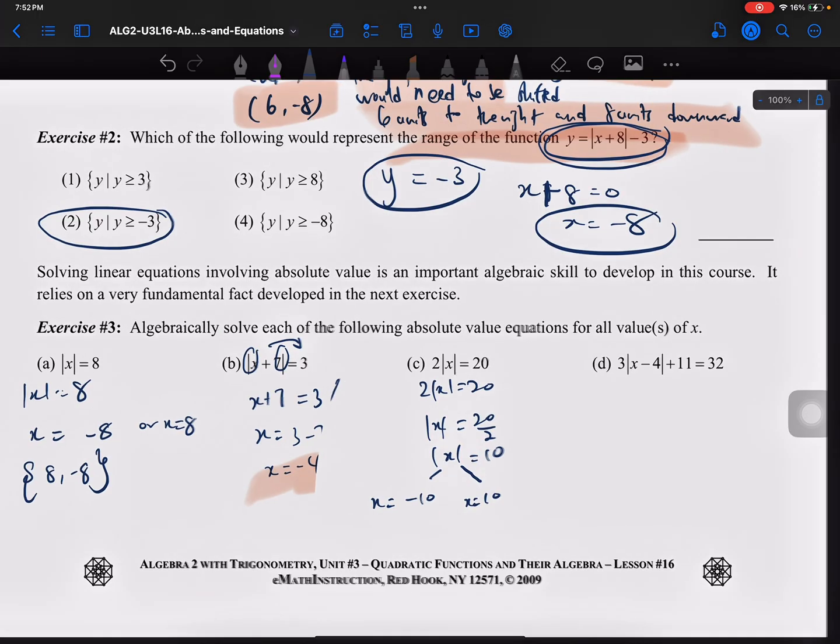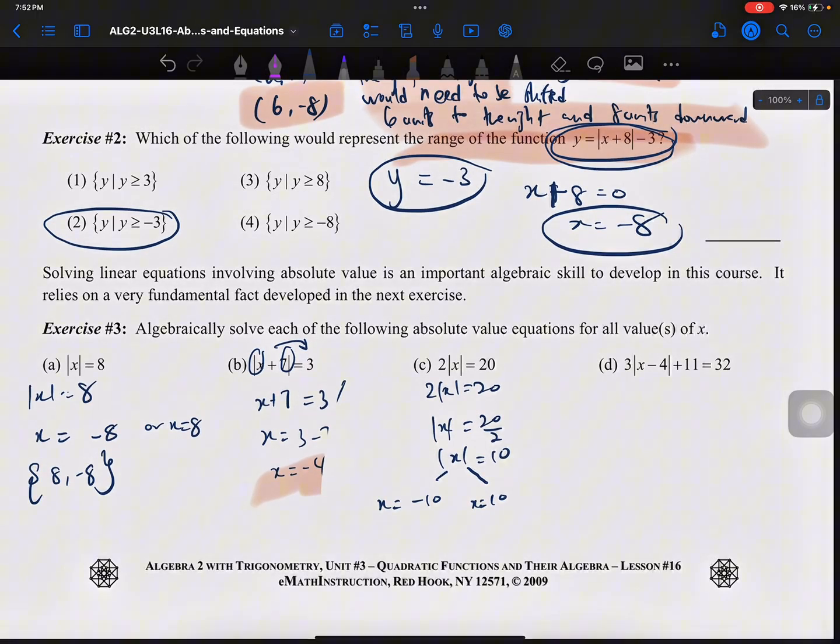Okay, next D, you have 3x minus 4 plus 11 equal 32, then minus 11 both sides. You will have 3x minus 4 equal 21. And then you divide 3 both sides, you will have x minus 4 equals 7.